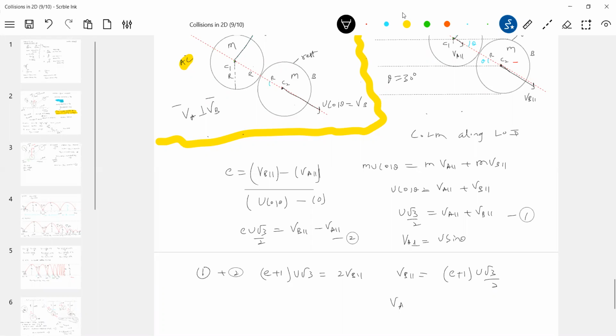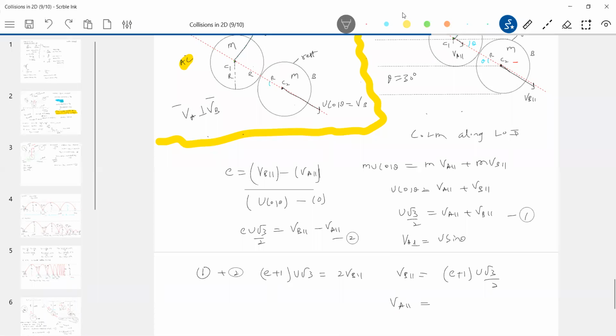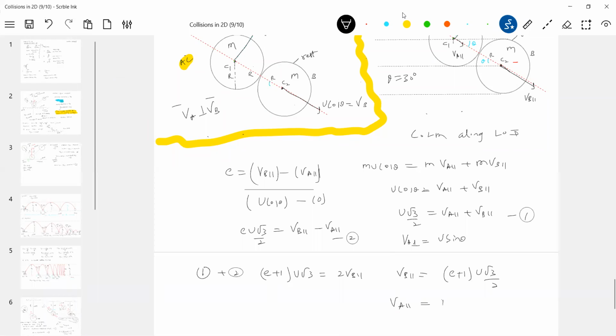Anybody, VA parallel? Sir, u root 3 by 4, right? No, sir, VB parallel. e must be there, no? Value of e.